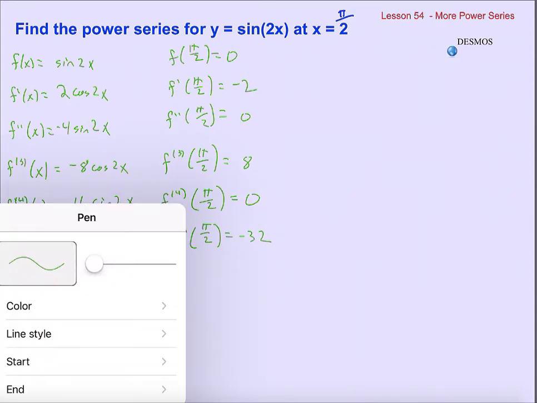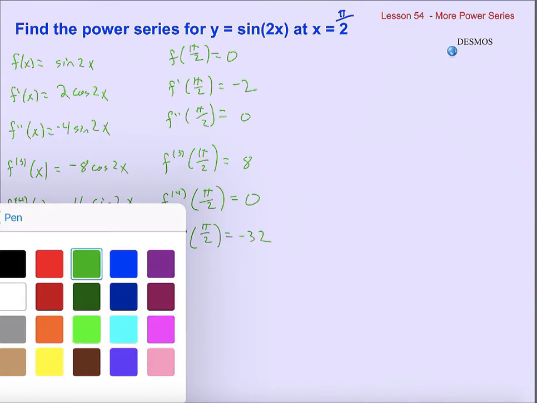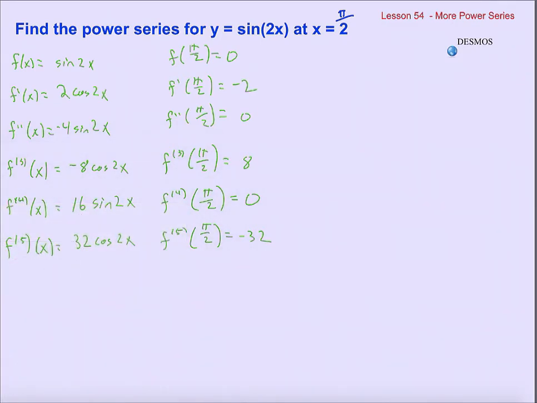And remember, once we have these derivatives, finding the coefficients from them should be easy because we have the formula to use. C0 is equal to f of pi over 2. C1 is equal to f prime of pi over 2. C2 is equal to f double prime of pi over 2 over 2 factorial.